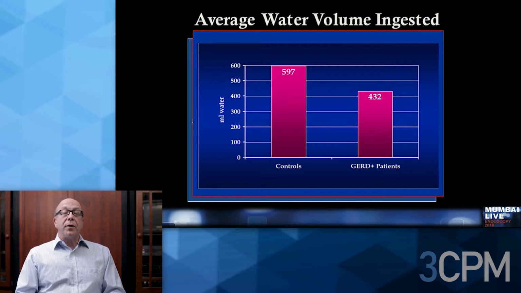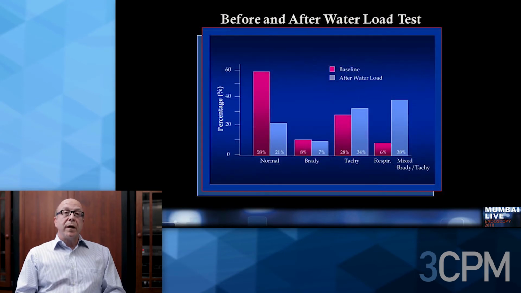We also know that the importance of the water load test is you need the water loading or the distension of the stomach in order to bring out the actual rhythm or frequencies when the stomach contracts, because those frequencies run from 1 cycle a minute all the way up to 15 cycles per minute. So if we look at the normal patient population, the typically normal 3 cycle per minute activity that we're looking for runs about 58%.